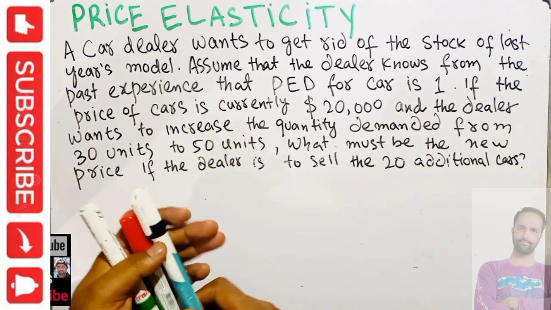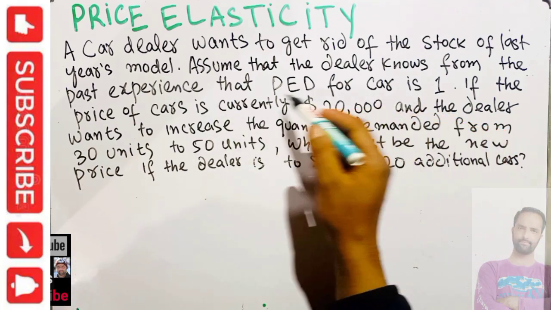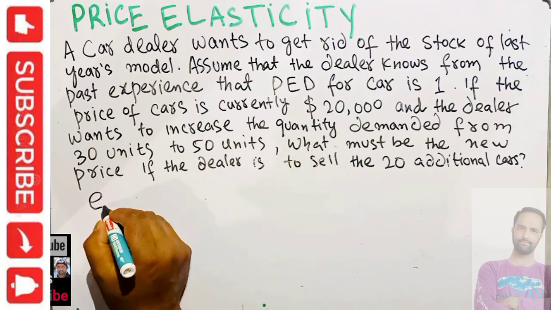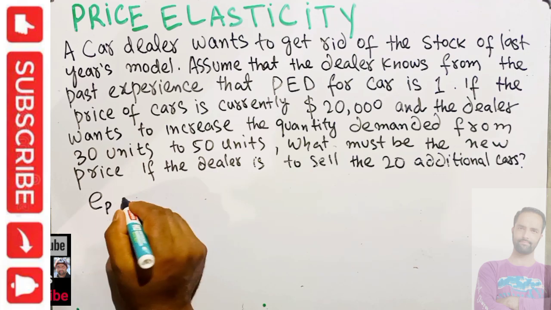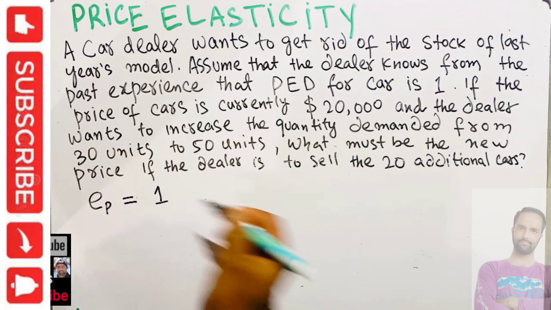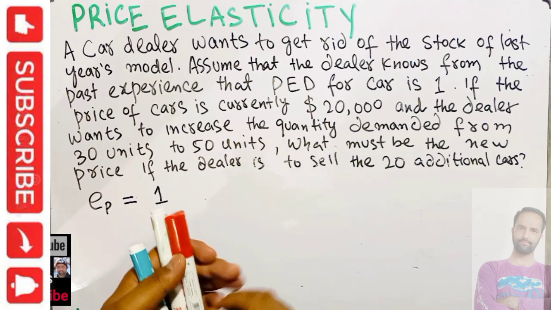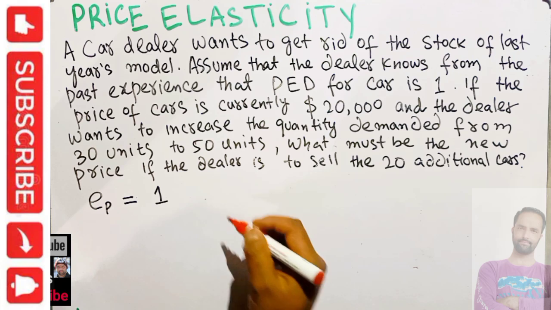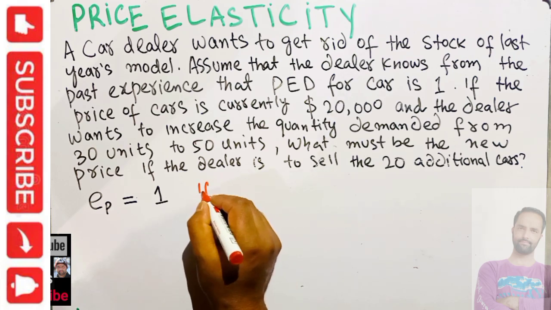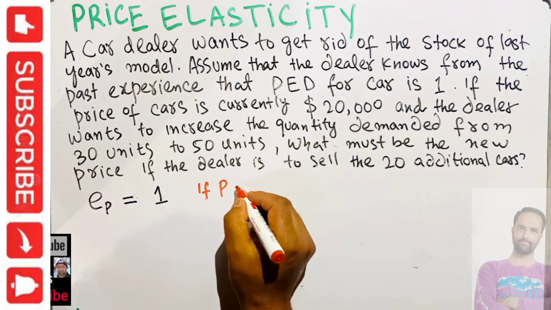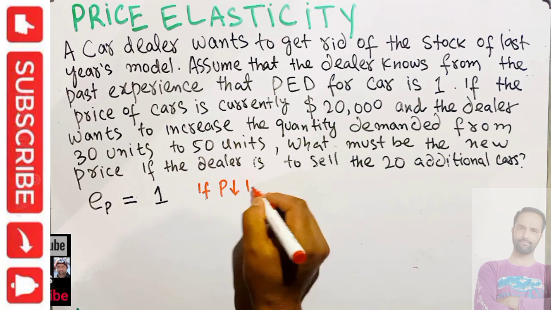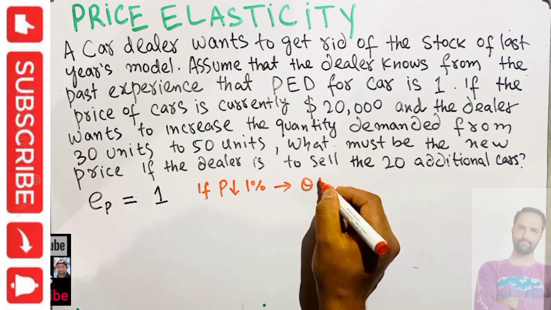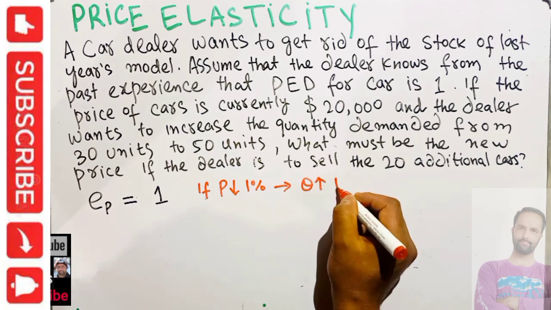Okay, so the first thing we are being told is that price elasticity of demand is equal to 1. By unitary elastic demand, we simply mean that if price decreases by 1%, the quantity increases by 1%.